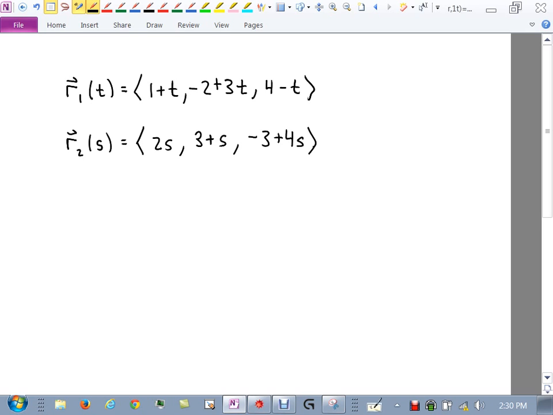Think about this. We have two lines, right? This is the R1 line, right? It has its own direction, doesn't it? That direction vector that we have on this we called V, right? I'll call it V1. Remember that? We had R naught, which got us up to the line, and then the V was the direction.